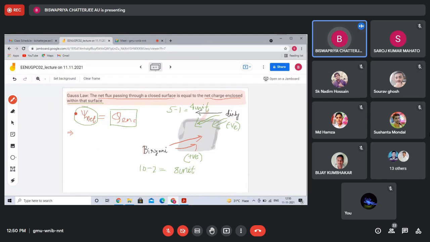So now you tell me, how do you measure flux? Suppose this is an area A, or maybe DS, the differential area DS. Through that surface, some flux psi net is going out. So how do you measure this psi? Any idea?